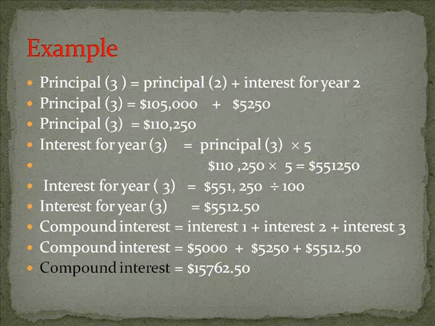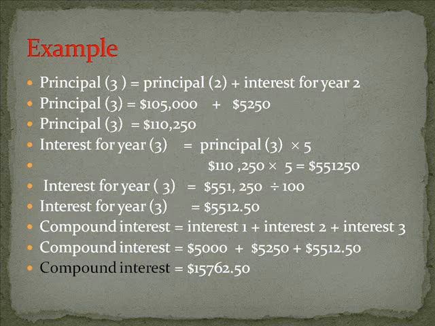Now for the interest for year 3, I will have to divide that amount by 100. So I divide the $551,250 by 100, and therefore my interest for the third year would be $5,512.50.